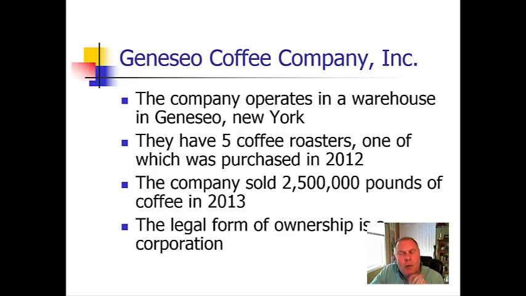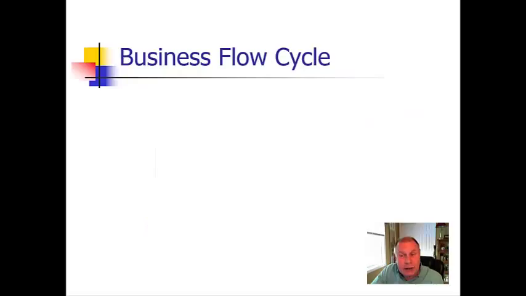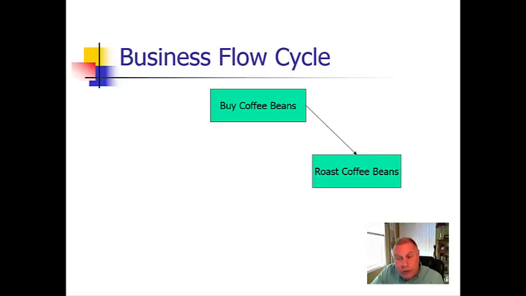So now let's start. What is it that Geneseo Coffee Company does? I've simplified this, so as you go forward you're going to have to look at the complexities that go into this. Every business has a business flow cycle. In this cycle, the first step is they have to buy coffee beans. Once they buy coffee beans, they need to roast the beans.